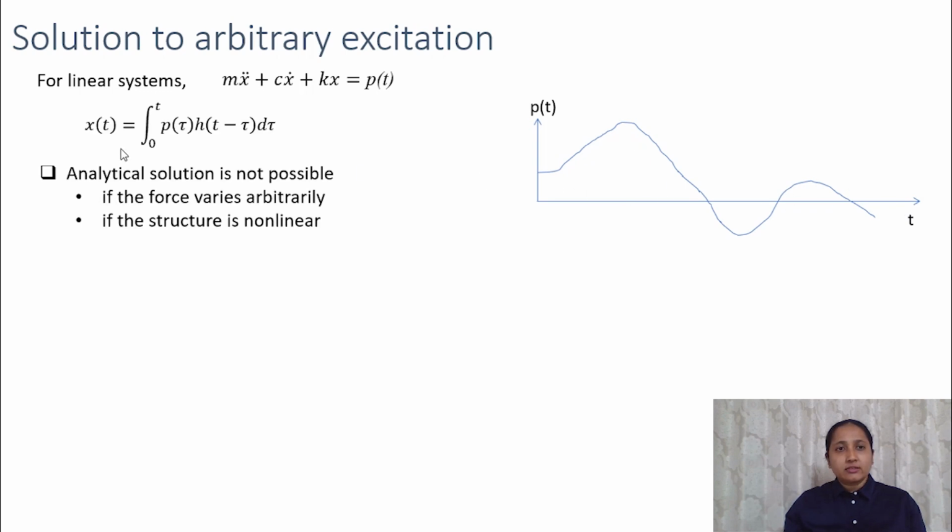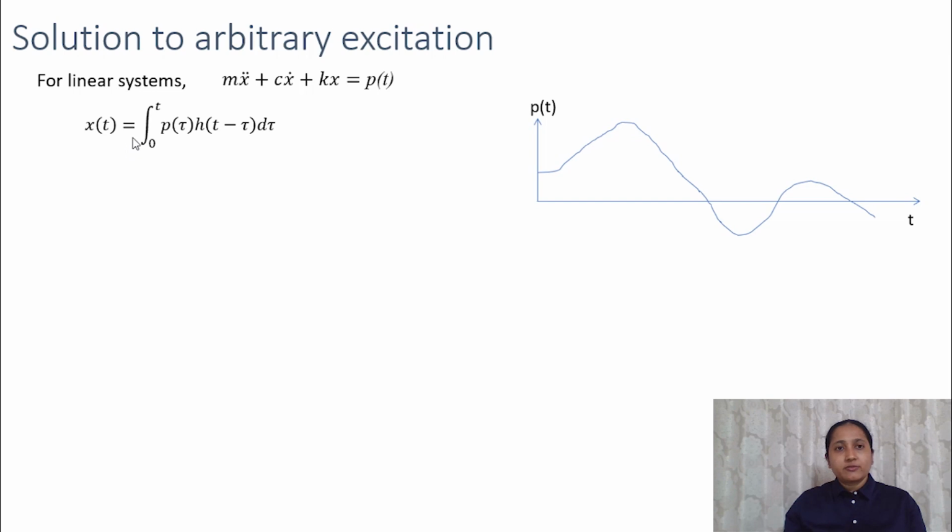We have learned that the response to an arbitrarily varying force can be found using Duhamel integrals. In this case, we can represent this arbitrarily varying force as a series of impulses, and the response can be found using the impulse response functions.